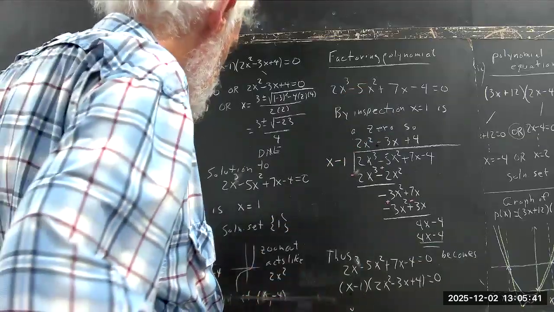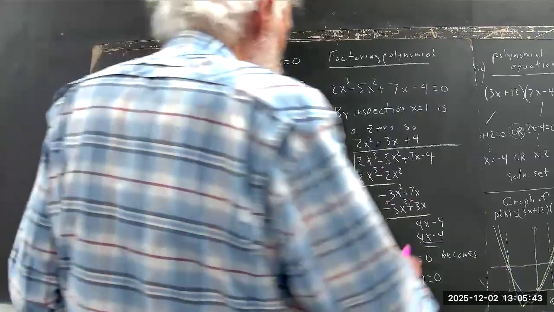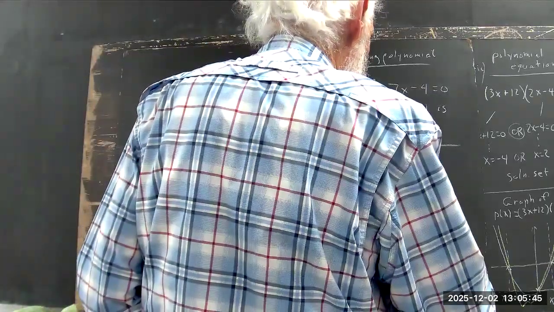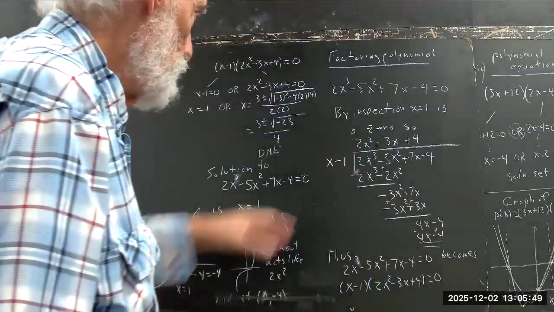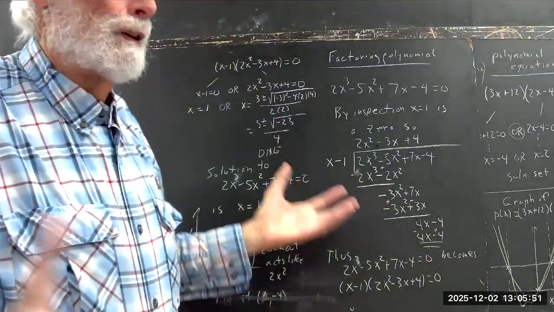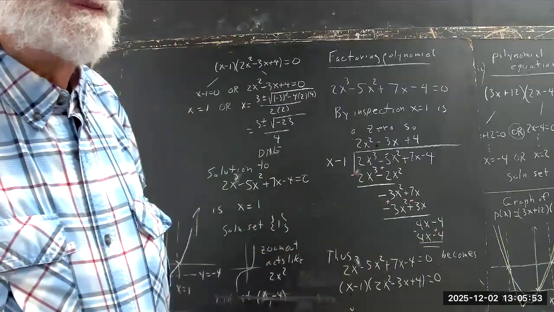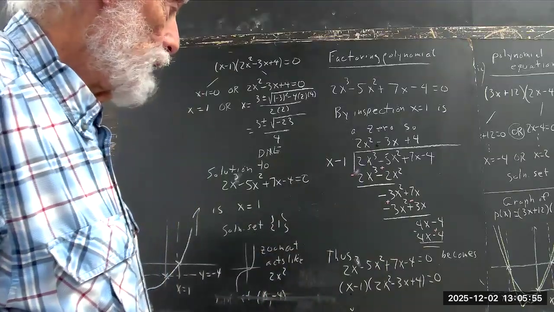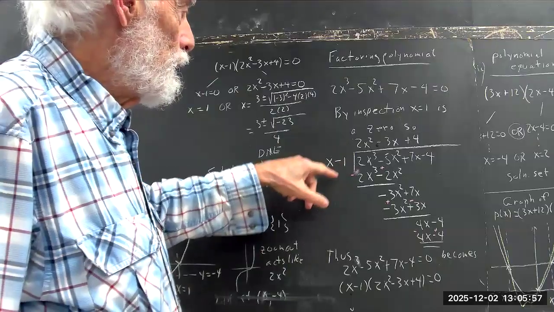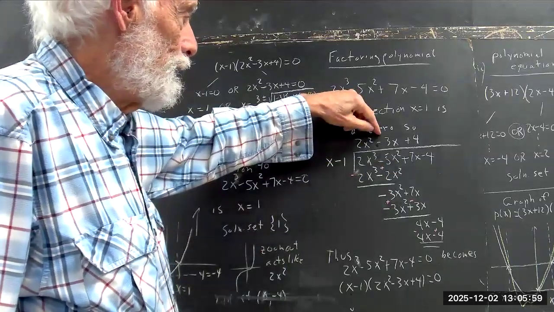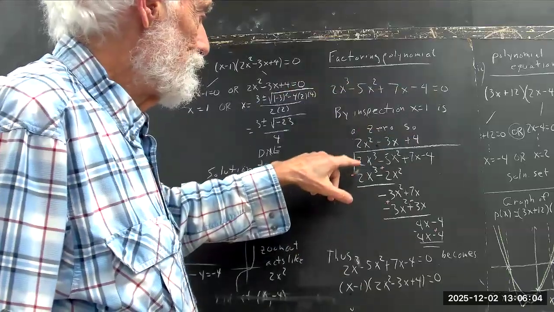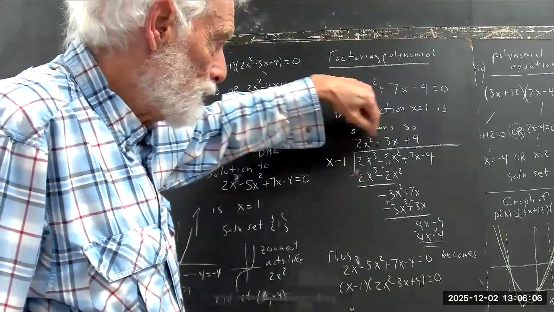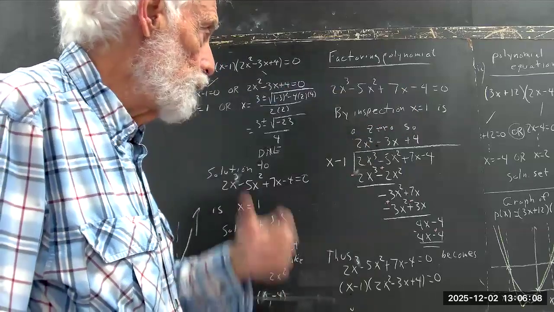Now I've done it here, everything except putting the little remainder signs, and we've done enough of that. If you practice doing the long division, it's not difficult. The x minus 1 goes into our polynomial this many times: 2x squared minus 3x plus 4.